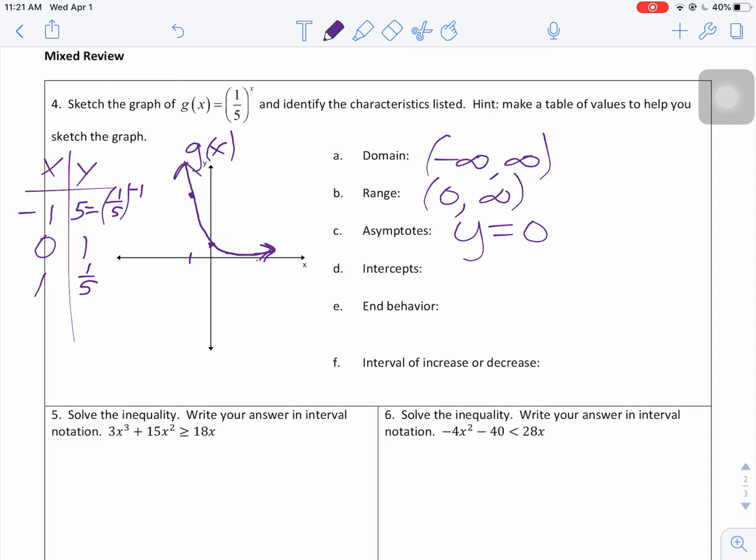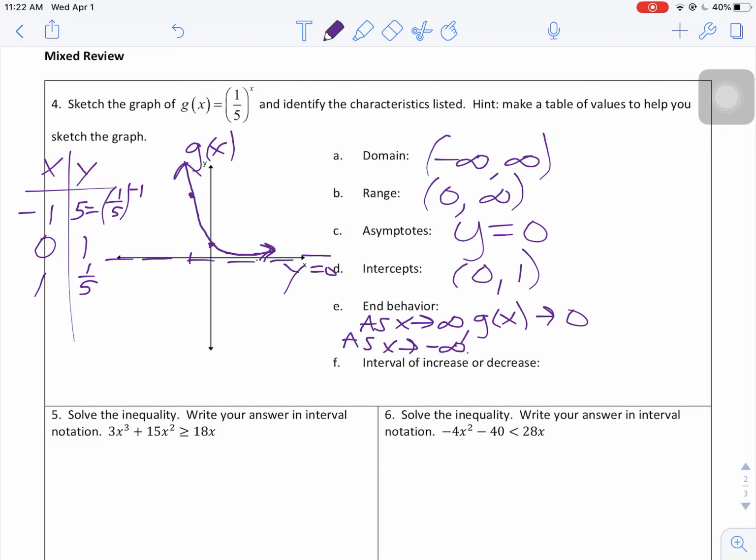For the asymptotes, I'm going to say y equals 0 because I'm never going to cross this horizontal line that I'm drawing in right there. That's y equals 0. I'm never going to cross that. For the intercept, (0, 1). So I cross the y-axis at 1. And for end behavior, as x approaches infinity, your g of x, your output values, get closer and closer to 0.